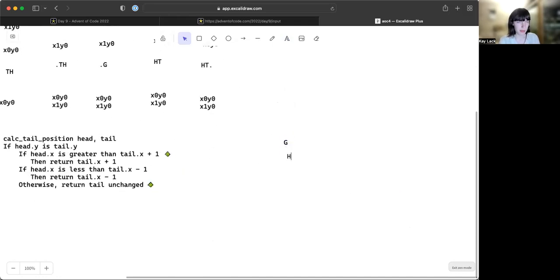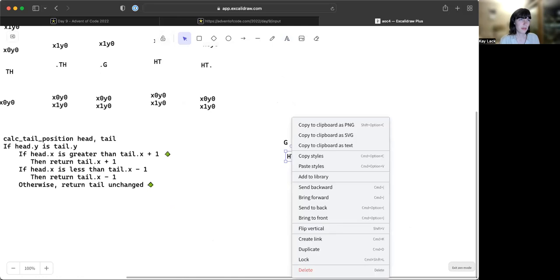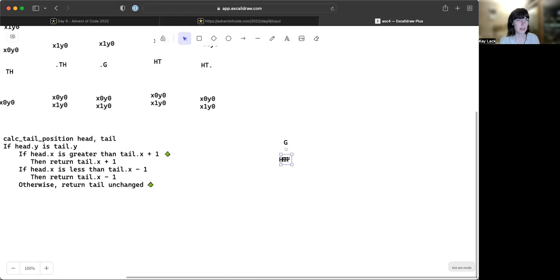We've got this configuration. Oh gosh, okay. We've got this configuration. We've got, okay, so we've got these two. We've got these two.